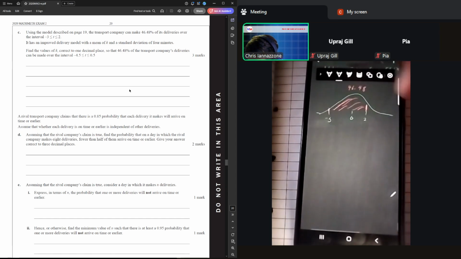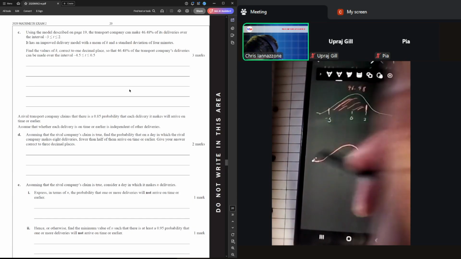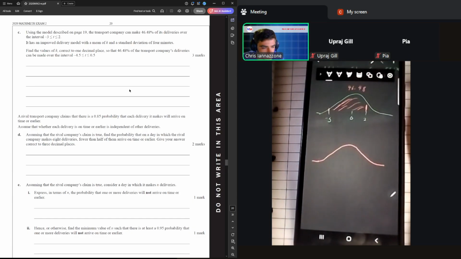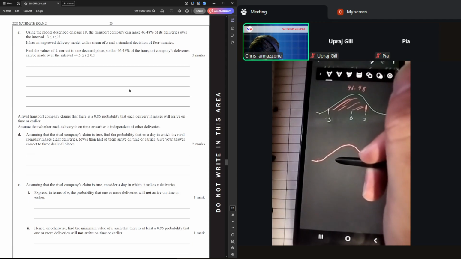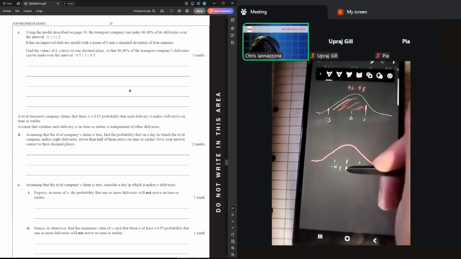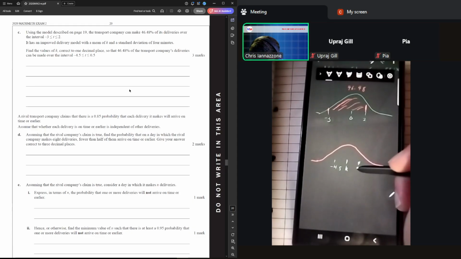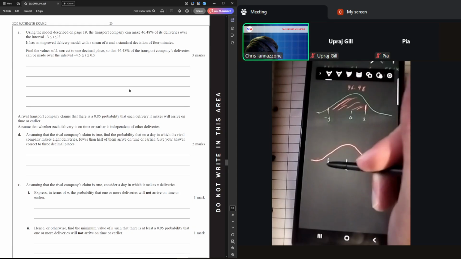So if we draw another one, maybe this one can be in red so we can more clearly distinguish between what's going on. -4.5 to 0.5, some mean of k. Maybe I'll shift this further out so it looks a bit more to scale.